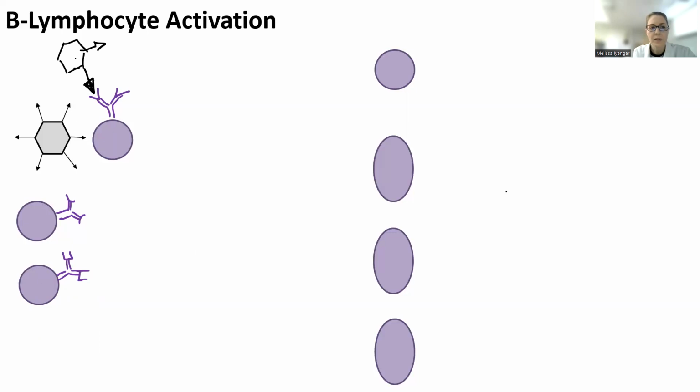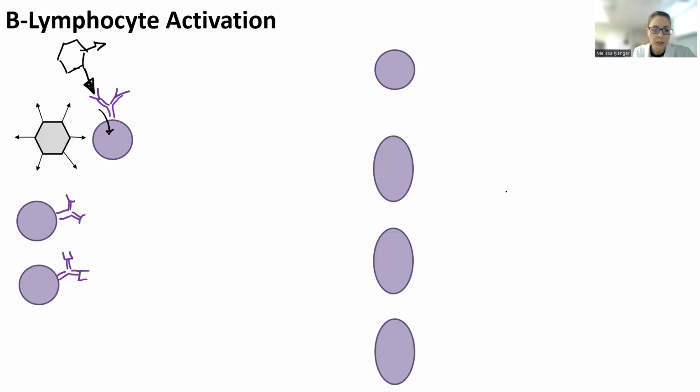And as soon as the antibody attaches to the antigen on the surface of our virus or our pathogen, then we're going to bring this into the cell itself. Okay, so just imagine we engulf that.